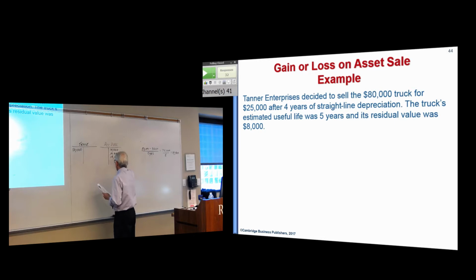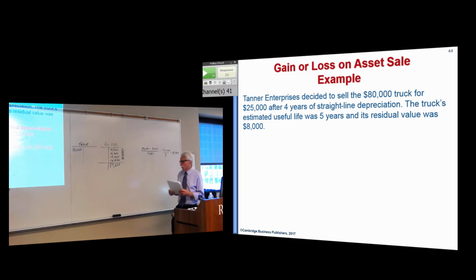I know I could multiply this, but I just want to show you the entries. So the asset had accumulated depreciation of, a book value of 22.4.